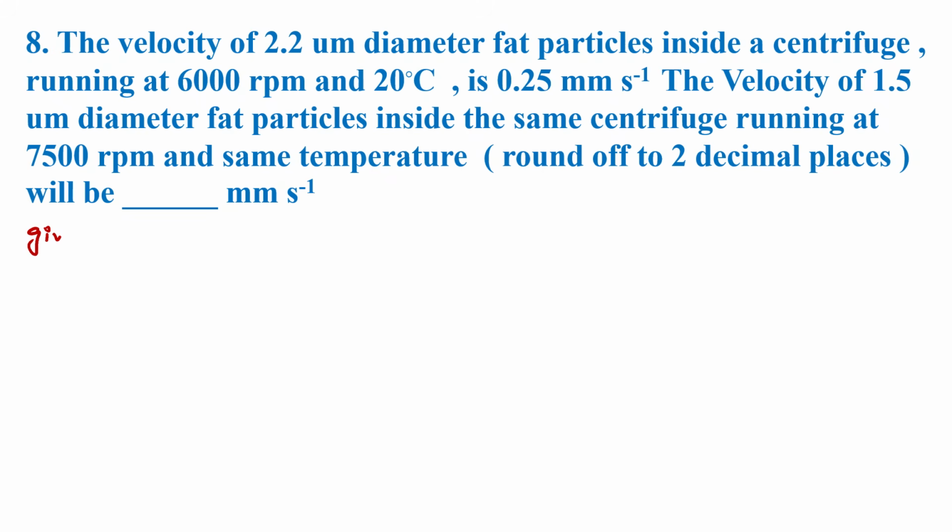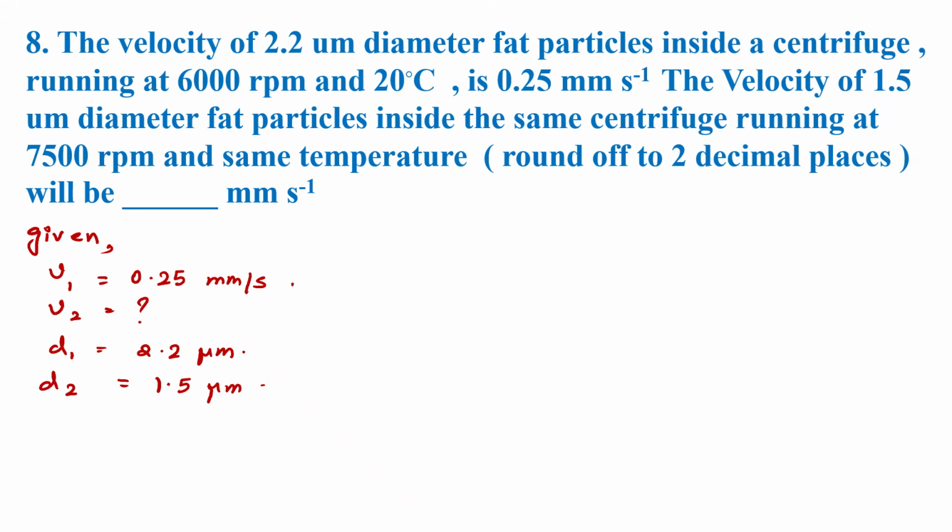First one, velocity, that is 0.25 mm per second. V2 we have to calculate. Then diameter, that is 2.2 micrometer. D2 1.5 micrometer. N1 that is 6000 rpm. And N2 that is 7500 rpm.